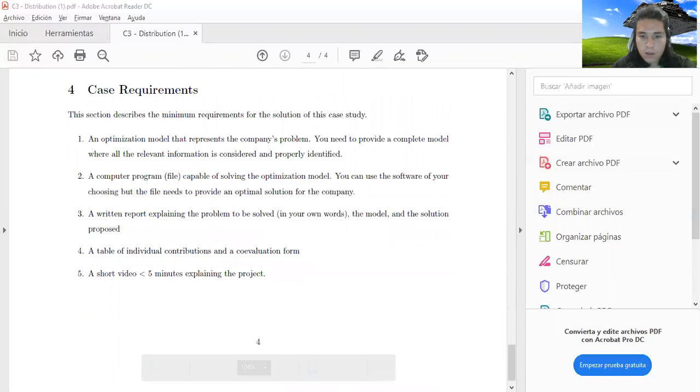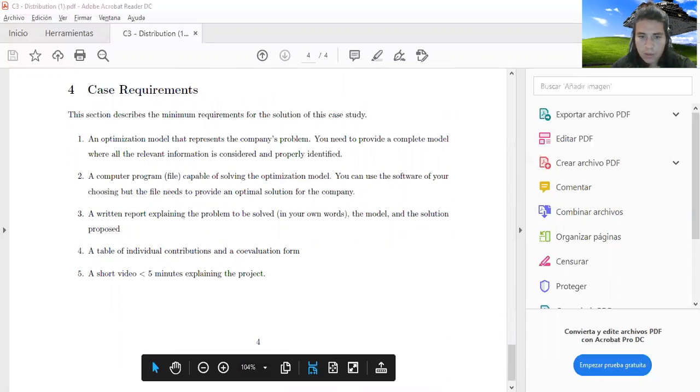So the first part, for the model, we have all of these variables, which are a lot. The case study gave us three different Excels.